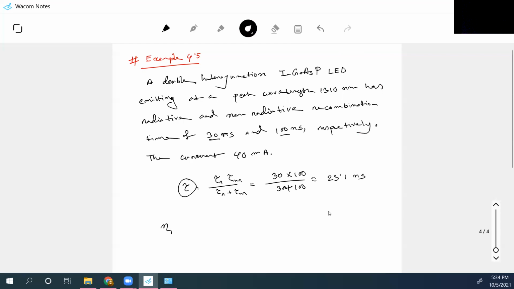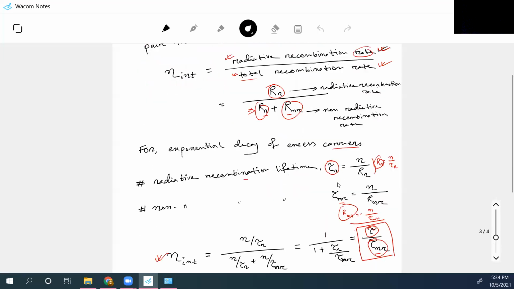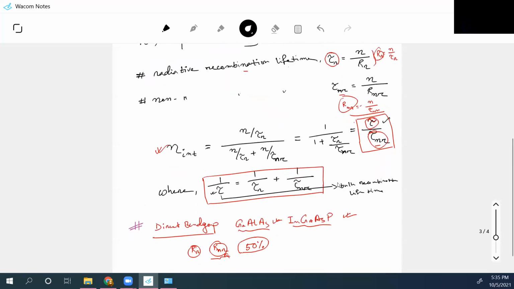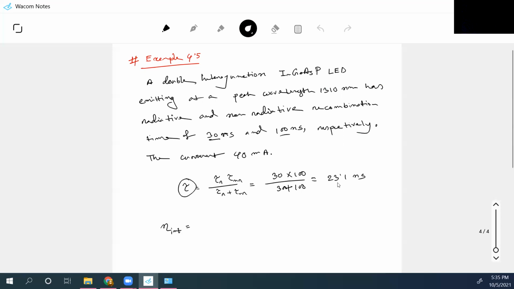So what is the efficiency? The internal quantum efficiency is, as we found earlier, tau by tau r, right? This tau is 23.1 nanosecond we just found.